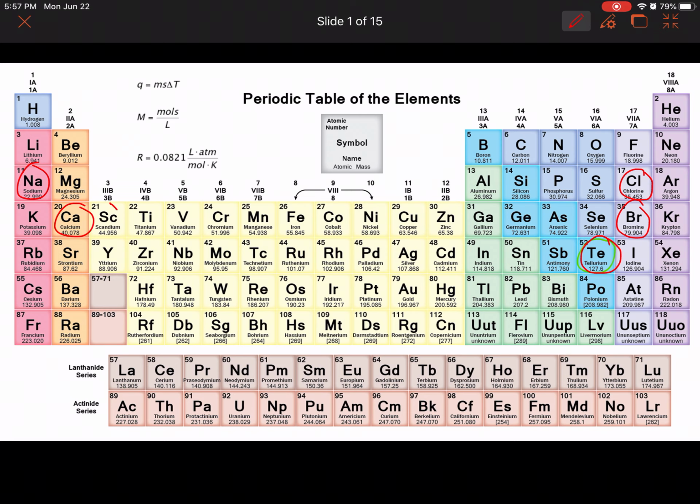So the trend in ionization energy is that ionization energy increases as you go across the periodic table. As you go across, ionization energy increases, and as you go down, ionization energy decreases, meaning it would become easier for it to lose an electron. Now, sodium, chlorine, right? As you go down, ionization energy decreases.